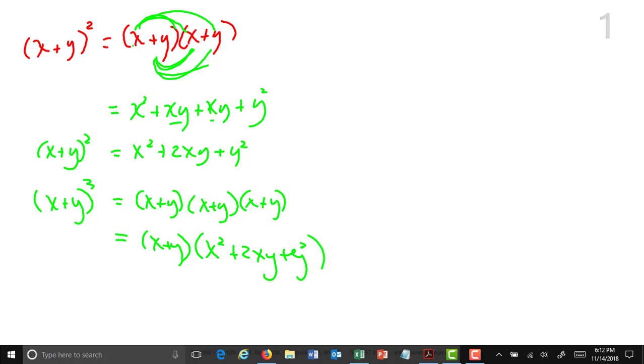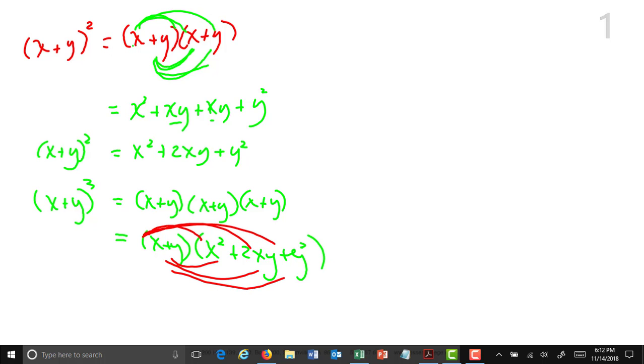Okay? So guess what I'm going to do? Well, I can do a triple thick FOIL, or I can take this whole chunk and distribute it. Does anybody know what I'm talking about? Okay. So let's try it. So I can do a triple thick FOIL. I can go like this, like this, like this, and I can go like this, and like this. Well, guess what?